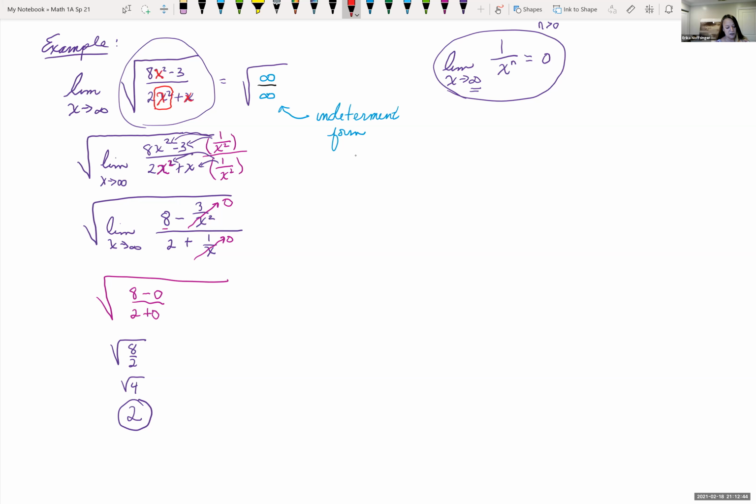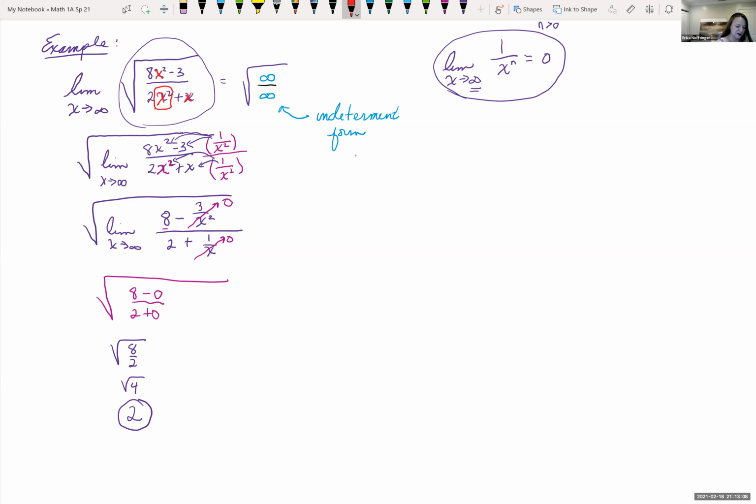The other way that we talked about it was if we thought about this as a rational function and where your horizontal asymptote would be. Remember, horizontal asymptotes had to do with the degree of the numerator and the degree of the denominator. Another way to think about this is that those degrees were the same. You actually looked at the leading coefficient at the top, all divided by the leading coefficient of the bottom.